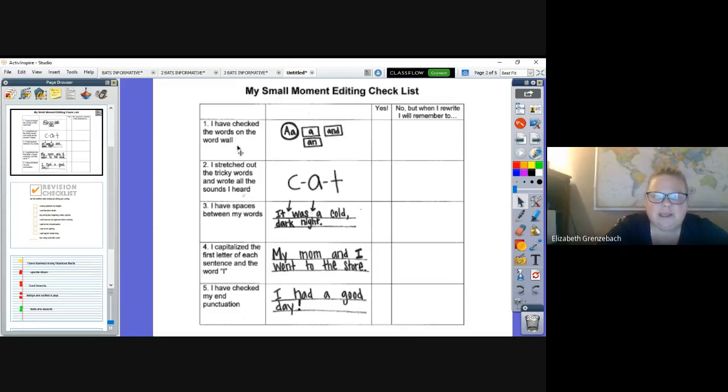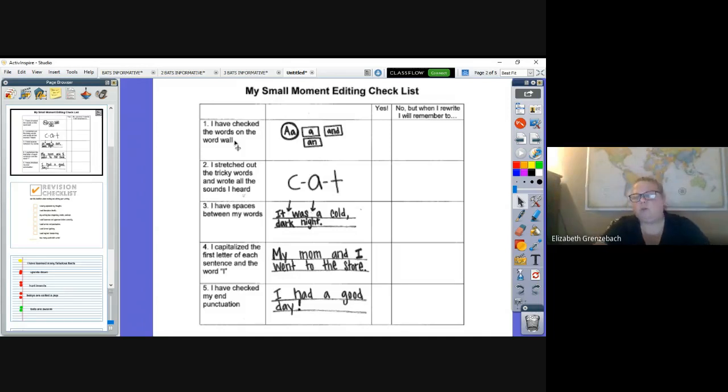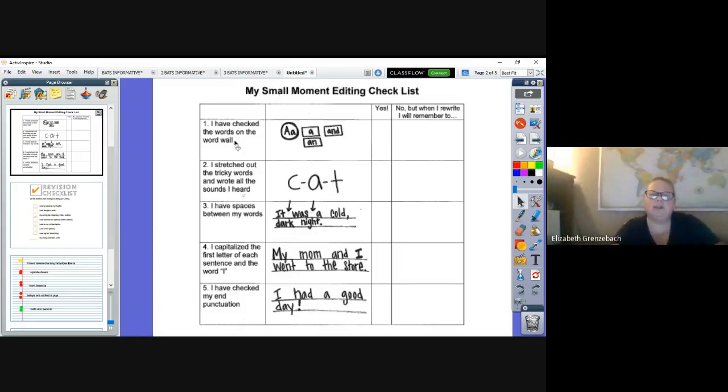So the first thing that you need to check is the words on your word wall. Now, because we're not in a regular classroom this year, you will be checking the words that we have added into our foundations notebooks that you've learned, not just the ones that you've tapped out, but also the trick words or the sight words.